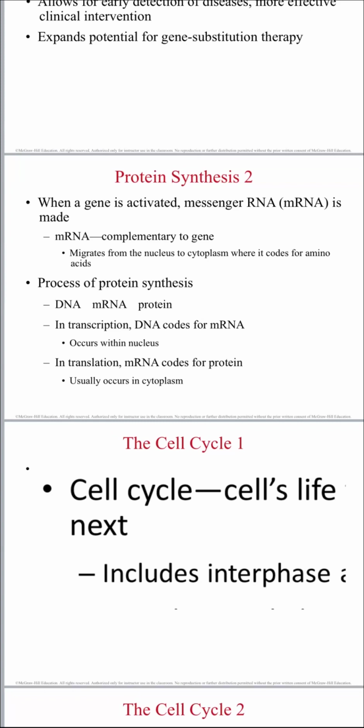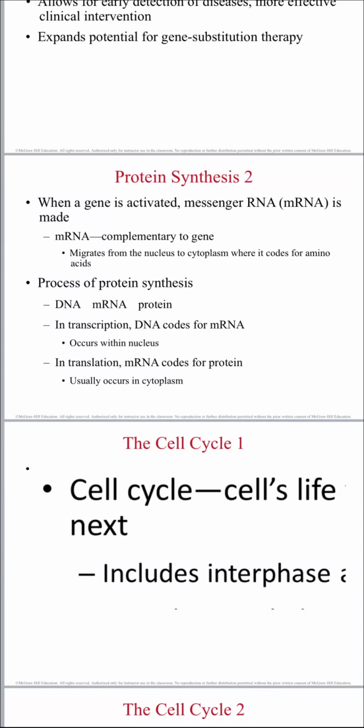You might have 100 other genes on that chromosome. I don't care, right? I don't need to make those proteins. I only need to make the protein that corresponds with insulin. The other 99 genes, I don't even bother. I only need that one gene to be active for insulin, right?